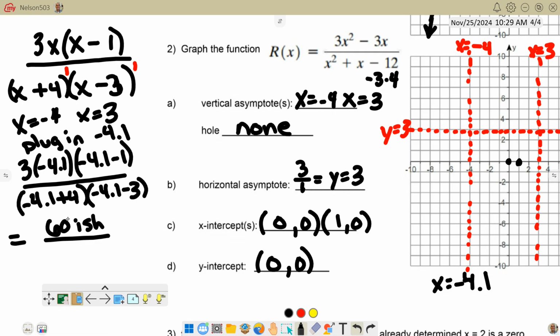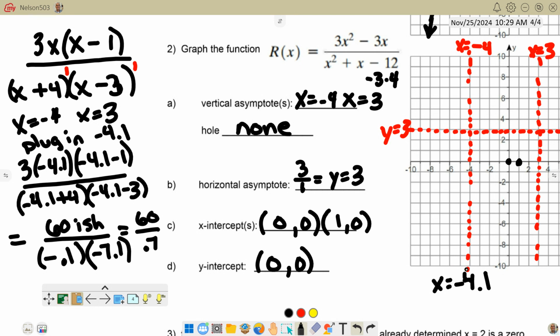All over here I've got negative 0.1, right? Negative 4.1 plus 4 is negative 0.1. And then we got negative 7.1 right here. Hey, look at this. This is a positive number, that's 0.7. So we got 0.7 divided into 60-ish. So 60 divided by like 0.7 is going to be kind of a large positive number.